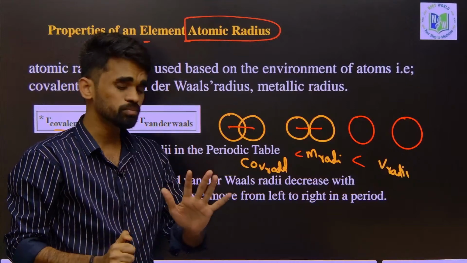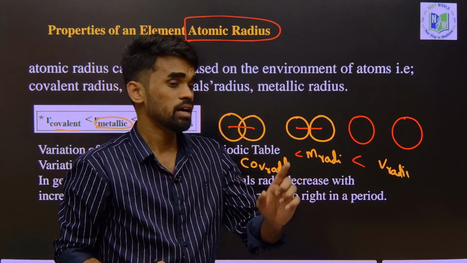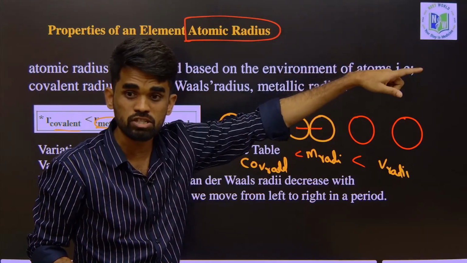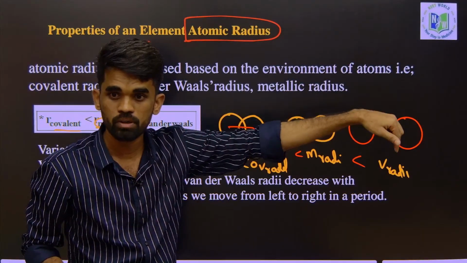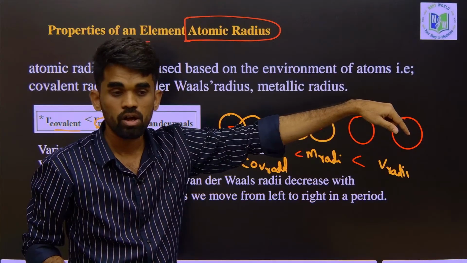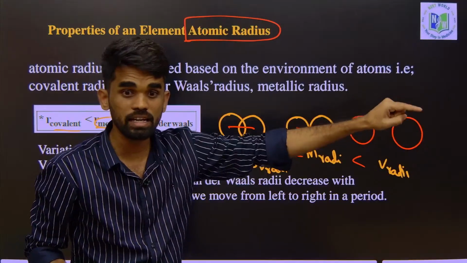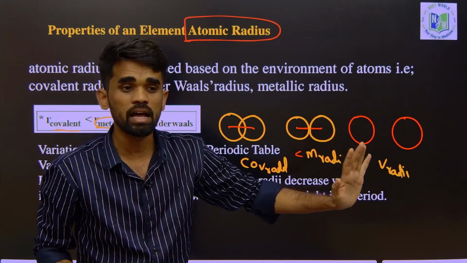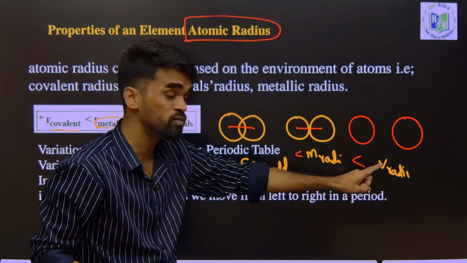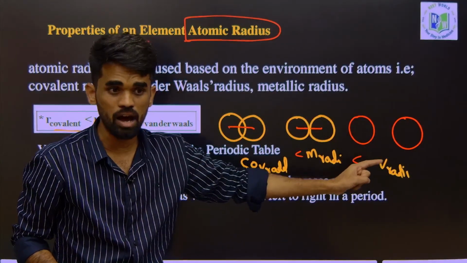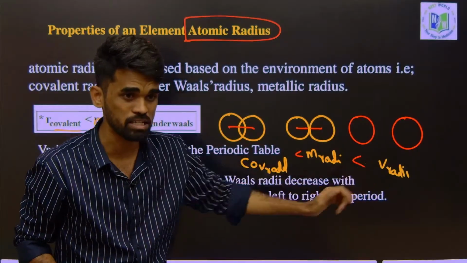Okay. So now I am saying that the last group elements are there in the periodic table. What are the last group elements? 18th group. What are those? Which gases? Noble gases we say, or inert gases we say. See, their radius is expressed in terms of van der Waal radius. So we know which kind of radius is having maximum value?